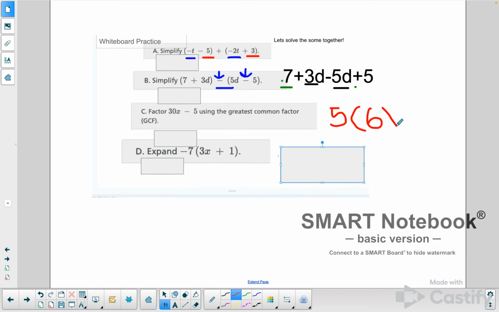Take the x along for the ride. And then we have to do 5 divided by 5, and there's a minus there, so we end up with minus 1. When we factor 30x minus 5, we end up with 5 parentheses 6x minus 1 close parentheses.